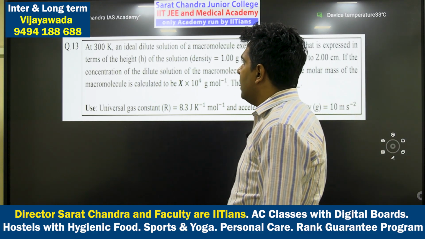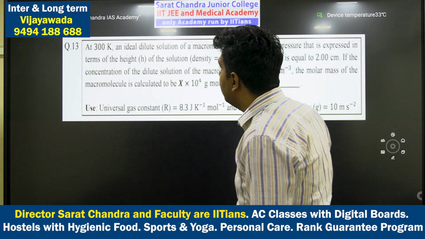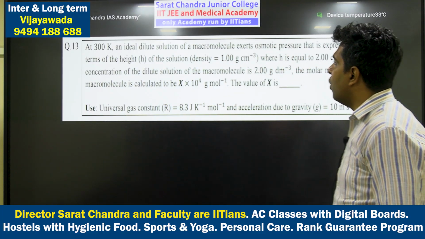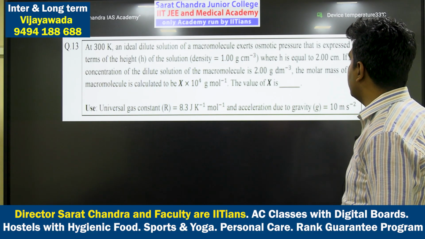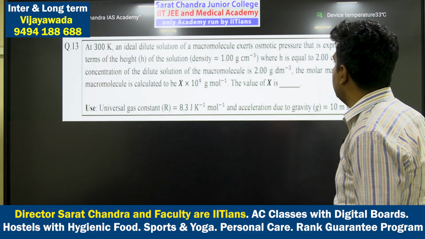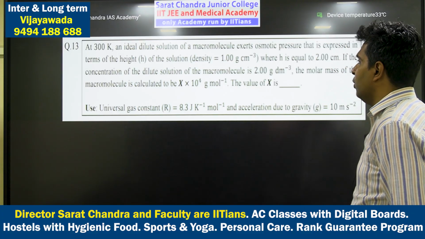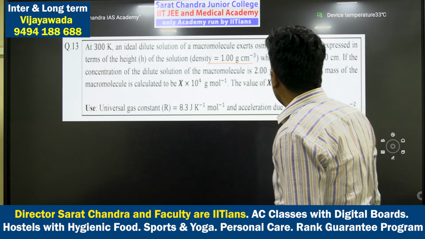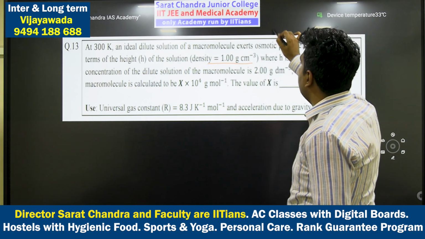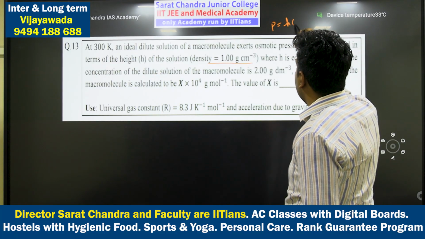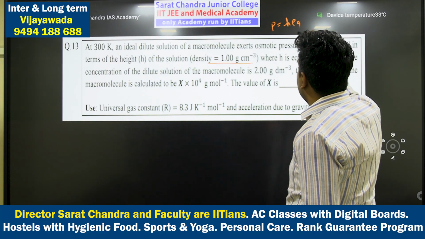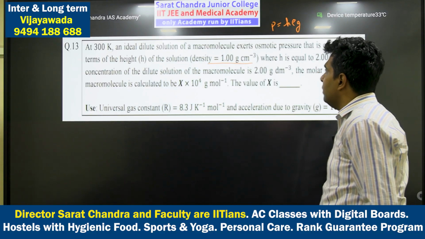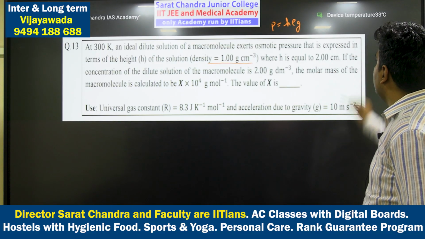So question number 13: at 300 Kelvin, an ideal dilute solution of a macromolecule exerts osmotic pressure that is expressed in terms of height of the solution. The density of the solution is given as 1 gram per centimeter cube. So the pressure due to height of the solution is h rho g, or h d g, where rho is the density and h is equal to 2 centimeter.